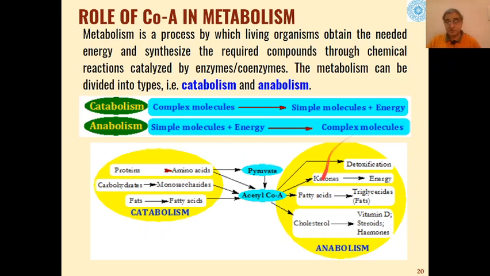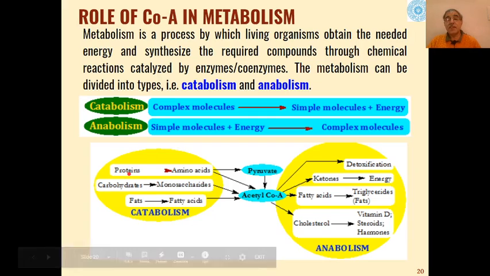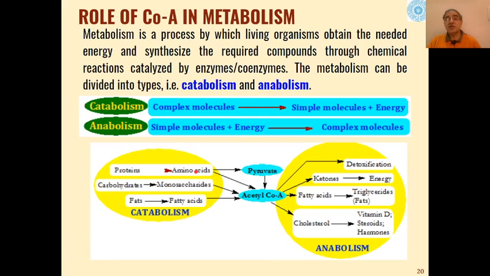So the role of acetyl coenzyme A is central in catabolism as well as in anabolism. So in catabolism, you can say that the proteins are converted into amino acids. Proteins are complex molecules and amino acids are simple molecules. So energy will be released.